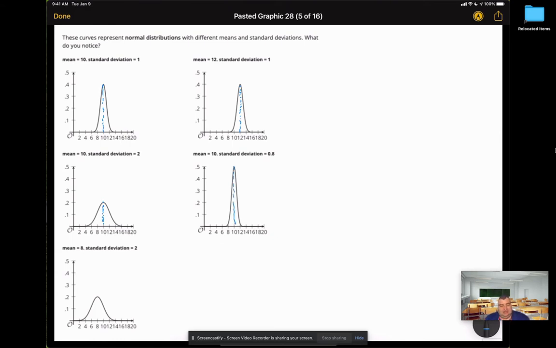That's an important thing about a normal distribution. So the first thing I'm going to write is that the mean is in the center of the bell curve. In other words, it's at the high point.